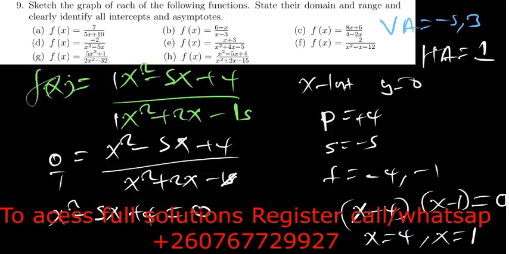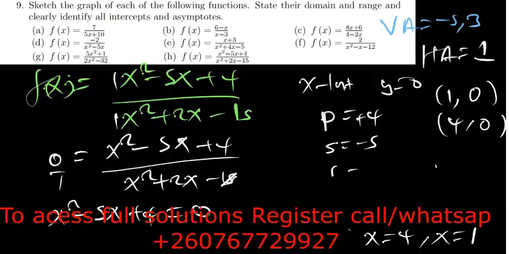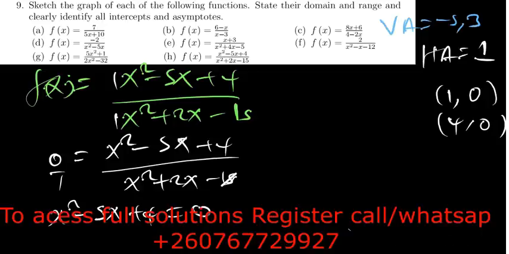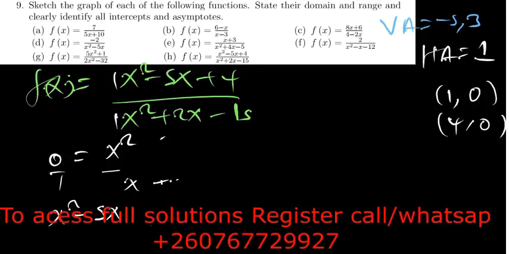So when x is 1, y is 0. At the same time, when x is 4, y is also 0. So I have these points. So now let's go ahead and find the y-intercept. So these are x-intercepts: x is equal to 1 or x is equal to 4.